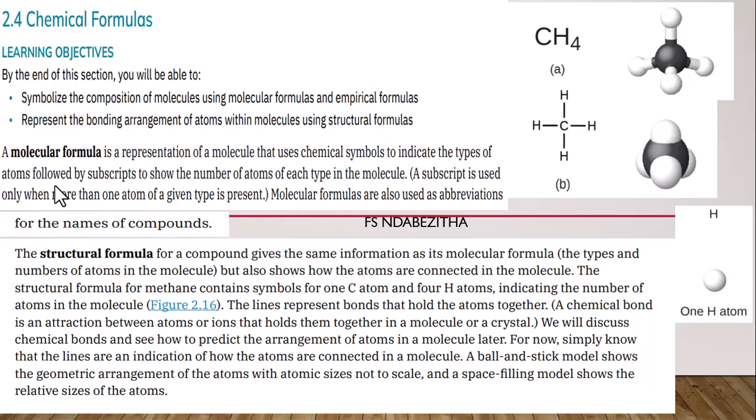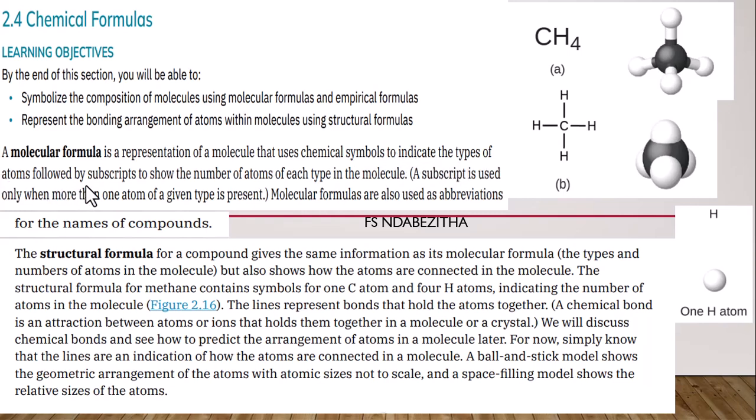And remember, it is not you telling how the molecules should bond; the molecules themselves allow themselves to bond with those which they require to bond with. So we are therefore saying that a molecular formula is a representation of a molecule that uses chemical symbols to indicate the types of atoms.